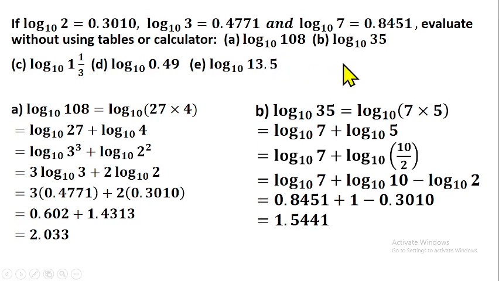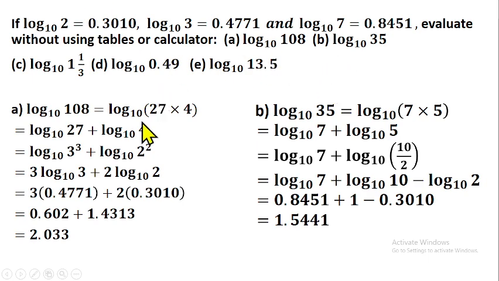What are they? They expect you to know the logarithm of 10 base 10, which is 1. Logarithm of 100 base 10, 2. Logarithm of 1000 base 10, 3. They expect you to know these offhand because sometimes you will need them in simplifying something like this. I hope you understand what I'm trying to say.